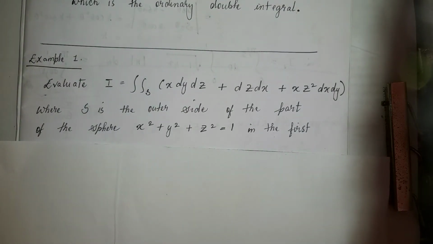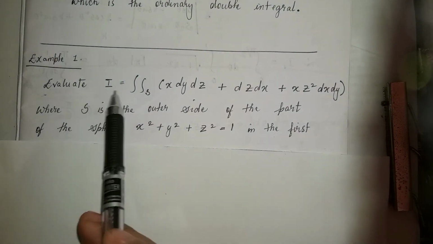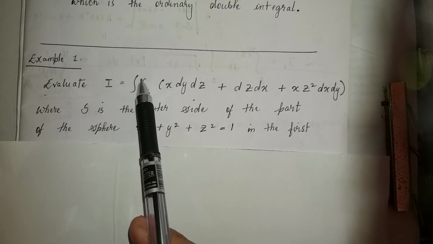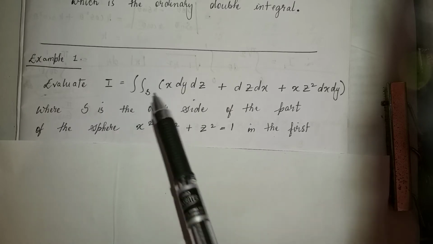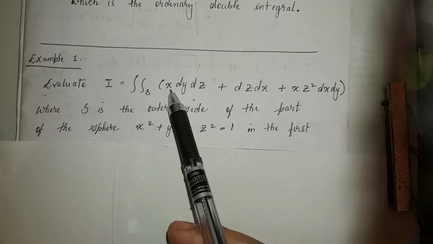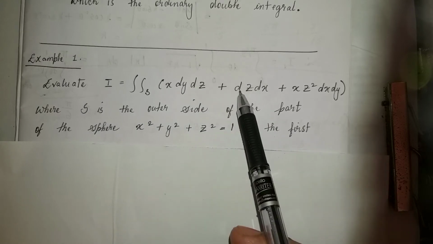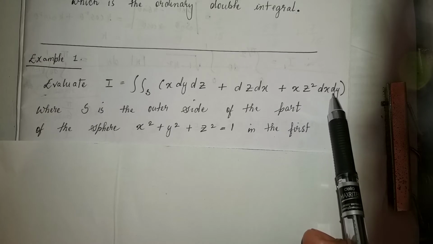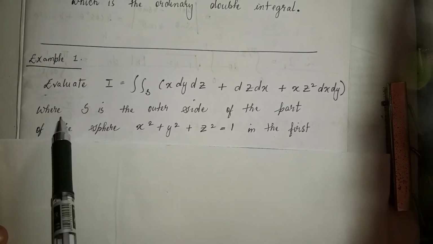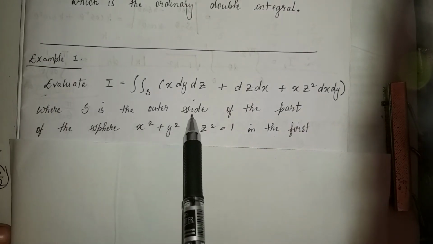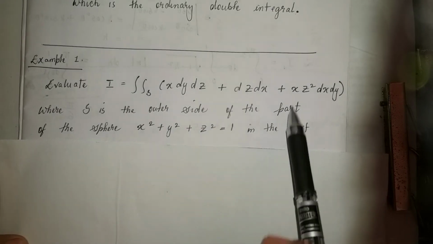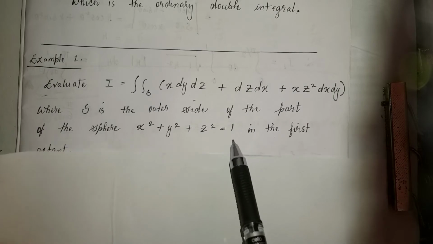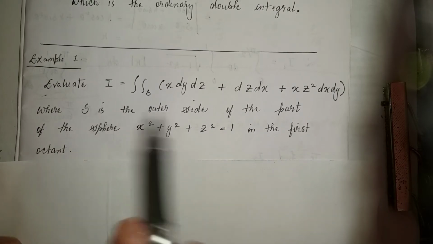Now let's do one problem. Let's evaluate the integration I. We integrate over a surface S, x dy dz plus dz dx plus xz squared dx dy, where S is the outer side of the part of the sphere x squared plus y squared plus z squared equal to 1 in the first octant.